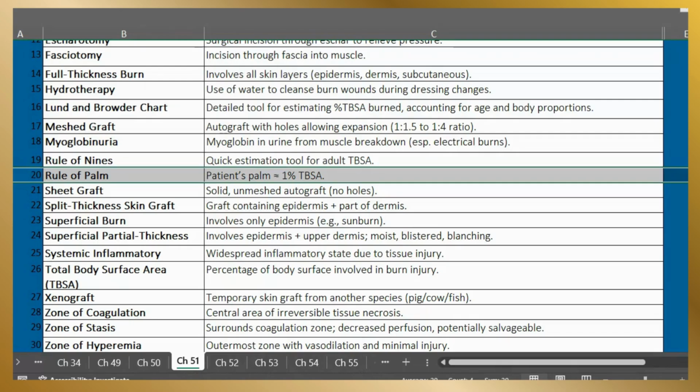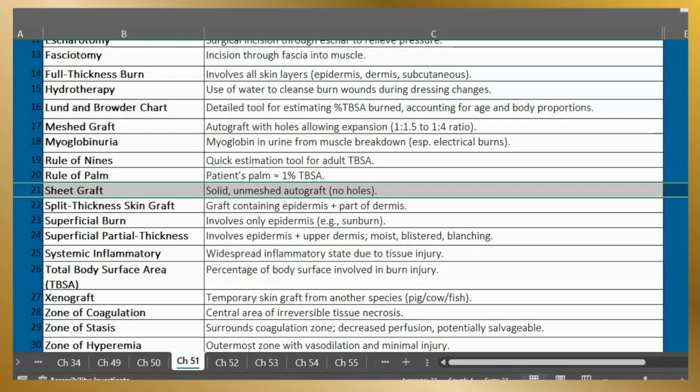Useful for small scattered burns or pediatric cases. The sheet graft, it's a solid, unmeshed autograft, so no holes. Used for face, hands, and best cosmetic outcome.